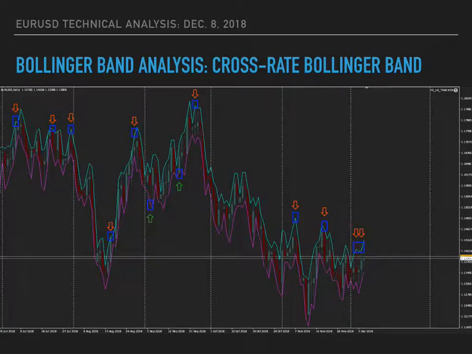So here using a Bollinger Band based off the cross rates, and I made these aqua and magenta just to be annoying colors, to be very obvious as to which one is the upper limit and lower limit, because if you look at it without really focusing in on any one part, it looks like a lot of craziness.